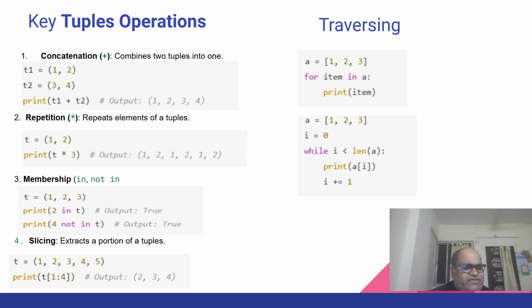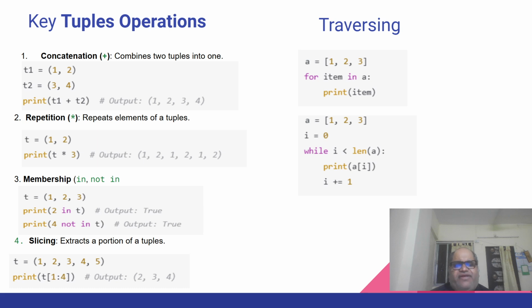Slicing extracts a portion of a tuple. Again, you start your count at 0, and your end is exclusive. In this particular case, if you are looking at the tuple from 1 to 4, what you will get? 2, which is at position 1, then 3 at the second position, 4 at the third, and 5 at the fourth. So you'll be getting 2, 3, and 4. Traversing is pretty similar to what you had in list.